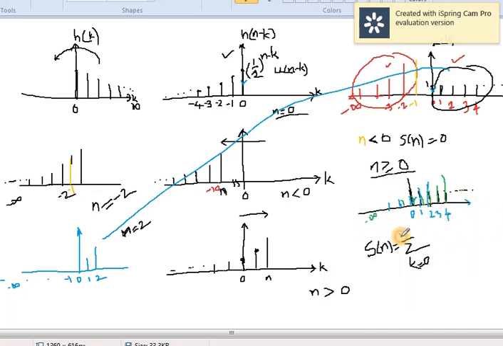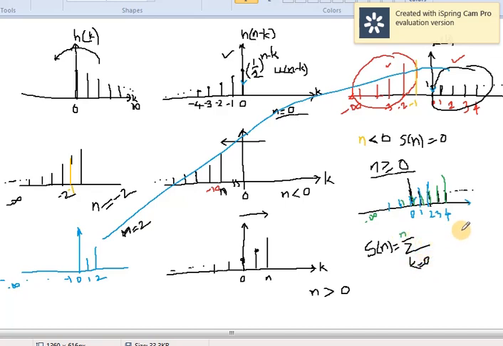Means n can be anything because our solution has to be generalized. So k is equal to 0 to n, whatever you take for n. If n is 1, then from 0 to 1. If n is 2, then 0 to 2. If n is 100, then from 0 to 100.